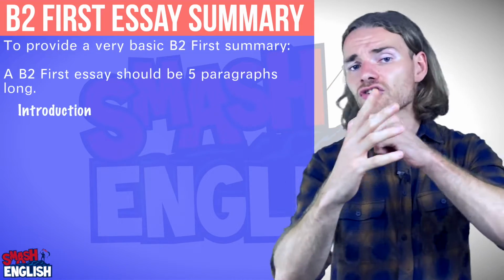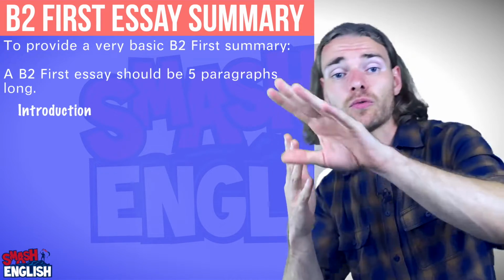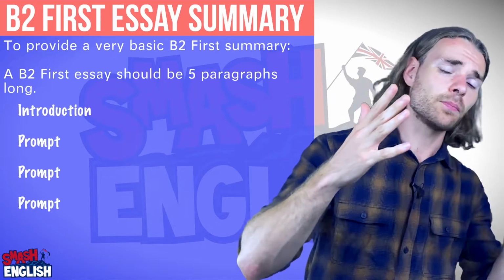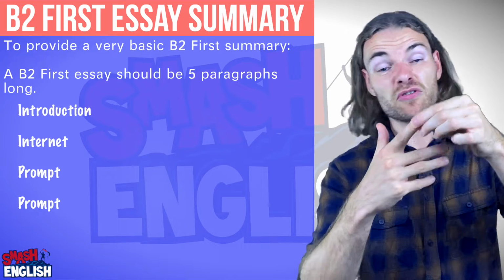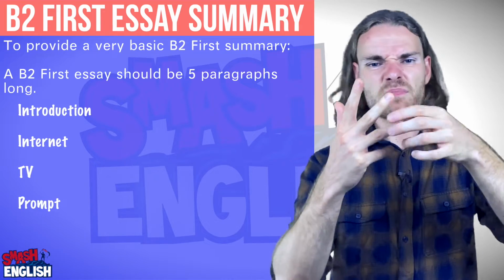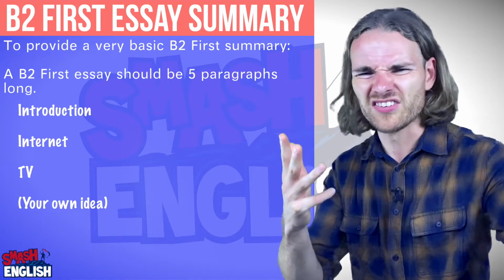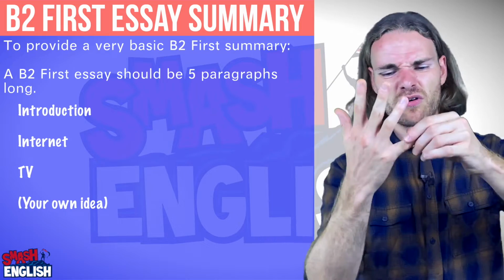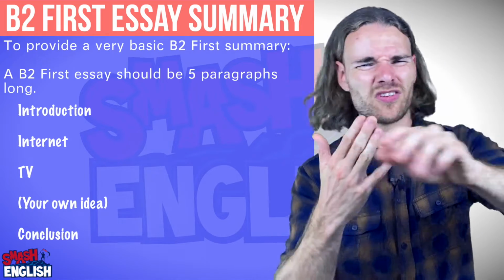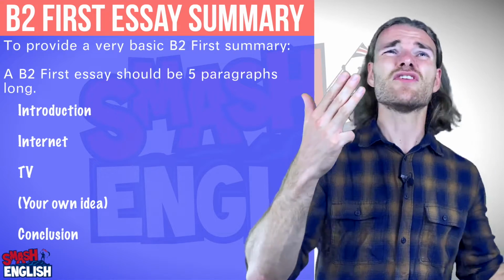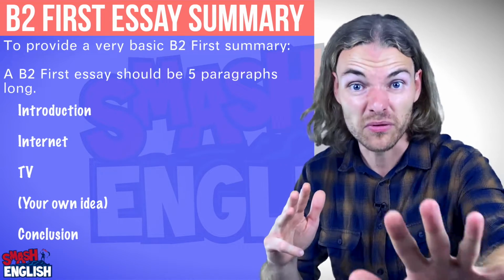You need an introduction, then you need an individual paragraph for each individual prompt. So here that would be paragraph 2, internet, paragraph 3, TV, paragraph 4, your own idea, for example, and paragraph 5, conclusion. There is a way to order your prompts, but let's not talk about that here. It's not relevant. I'm just giving you an example, okay?